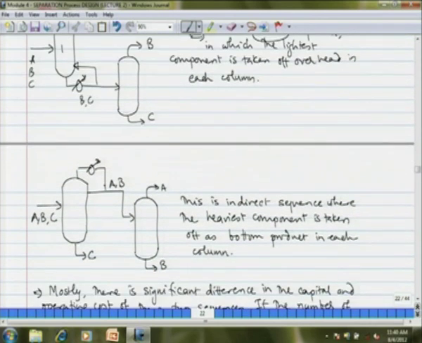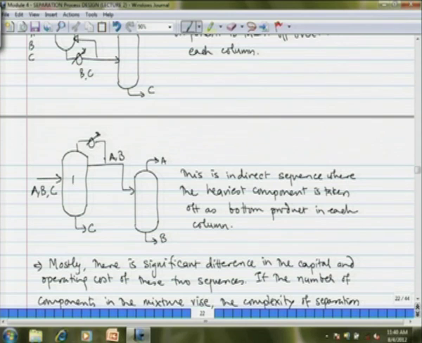Another option is that in the first column the mixture ABC will flow, but C will be taken off as a bottom product, and then A and B together are taken off as the top product, which move to the second column and are split individually. So, this is not in the direct sequence, not in proportion of the relative volatility. A and B are taken off together.